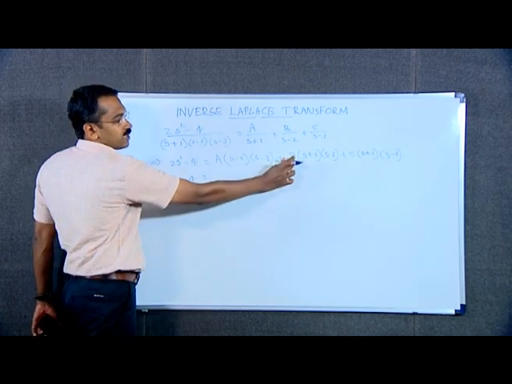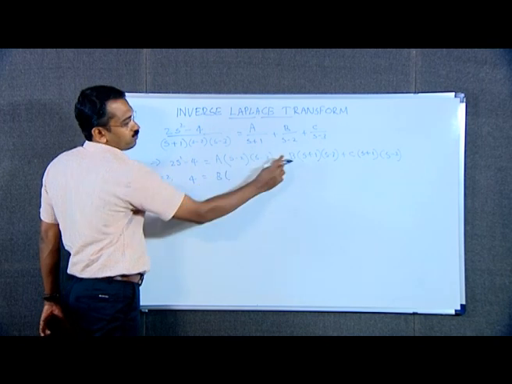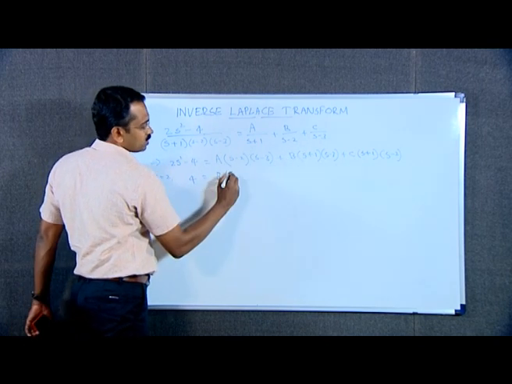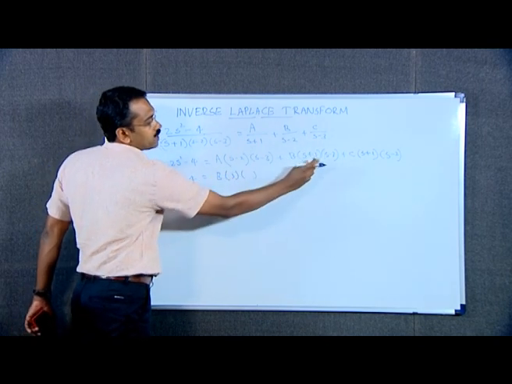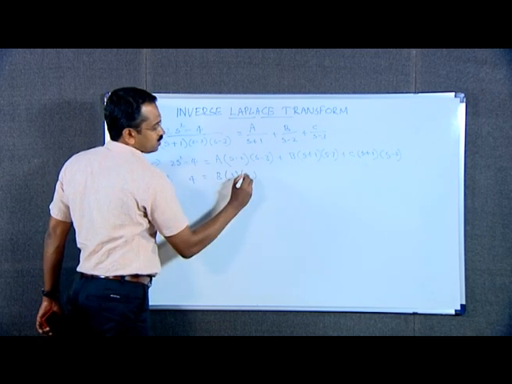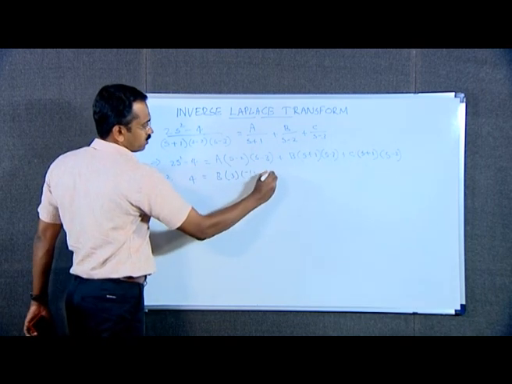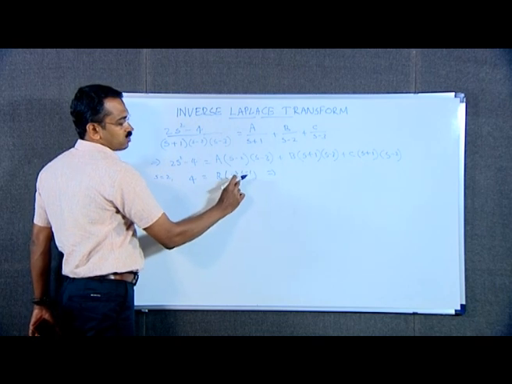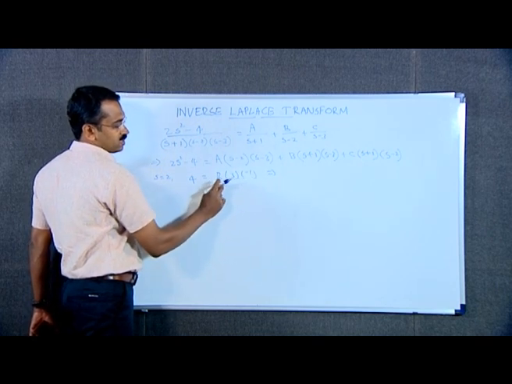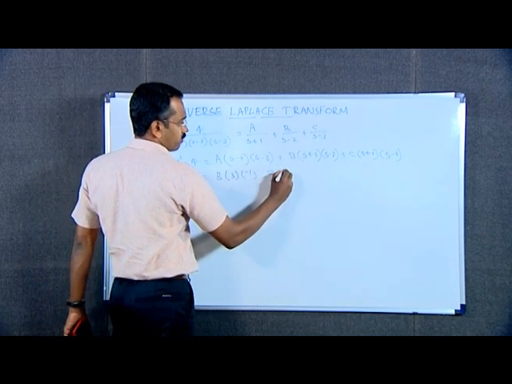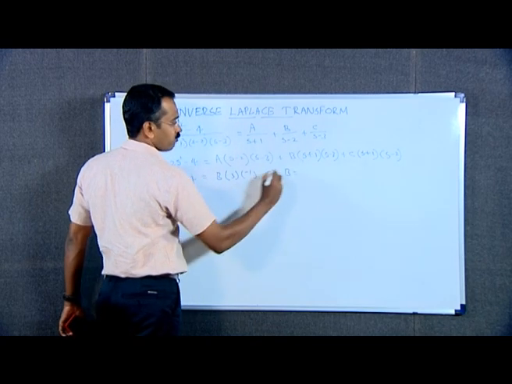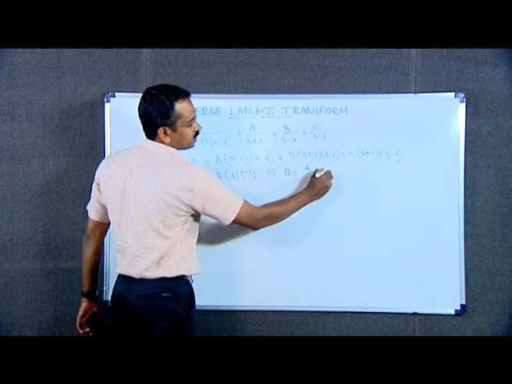Therefore, the remaining term is b into, when s is equal to 2, 2 plus 1 is 3, into 2 minus 3 is minus 1, which gives minus 3b is equal to 4, implies b is equal to 4 divided by minus 3.